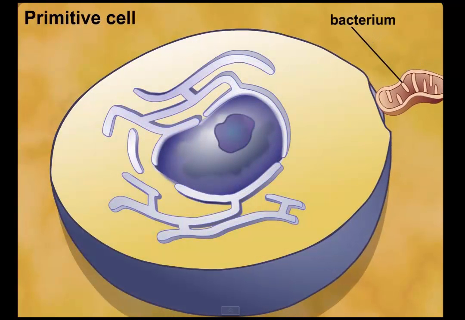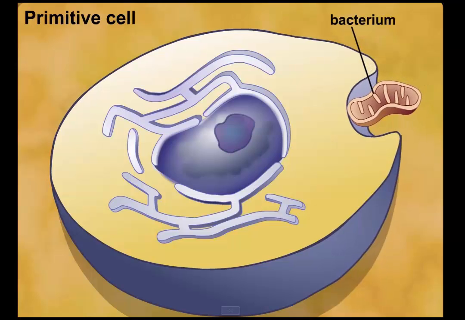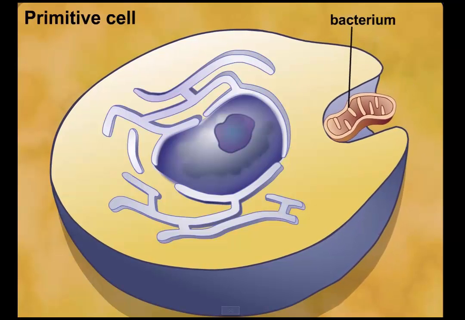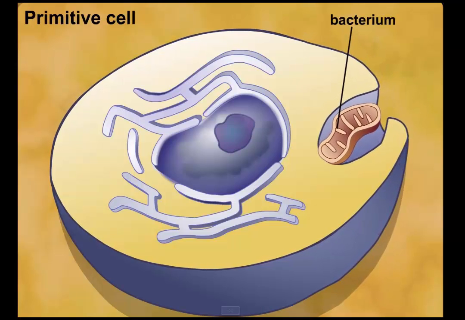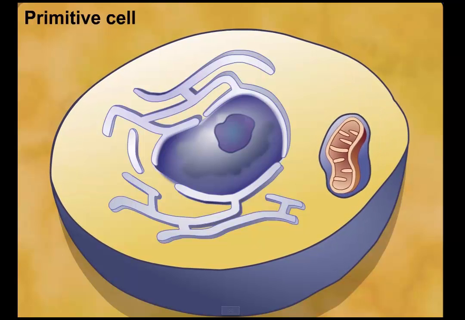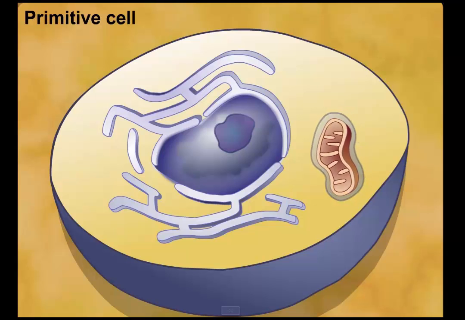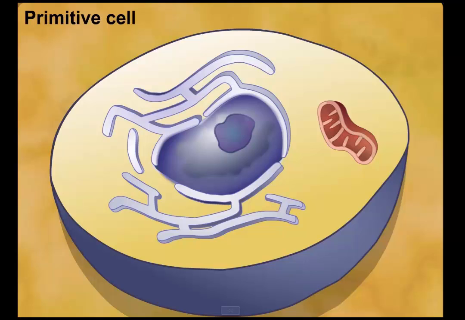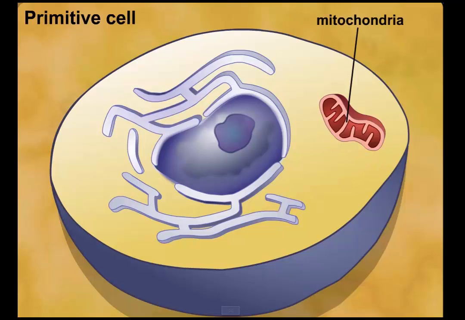The theory of endosymbiosis proposes that a critical stage in the evolution of eukaryotic cells involved endosymbiotic relationships with prokaryotic organisms. Microorganisms that live within other cells and perform specific functions for their host cells are called endosymbionts.